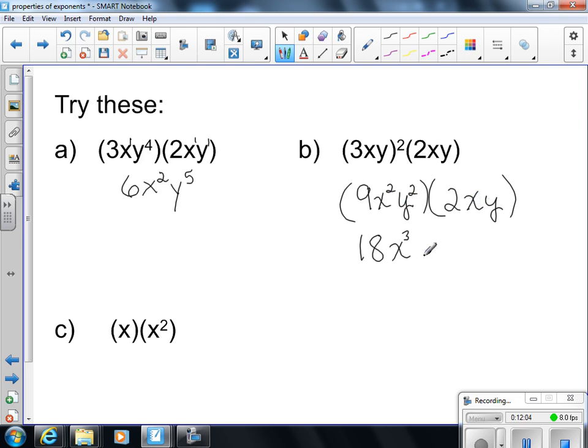And what about the y's? Y to the third. Now remember, this only works if you're doing what? Multiplying the same base numbers, okay, with the powers. And then here's our last example. I have x times x to the second power, and you get x to the third power.